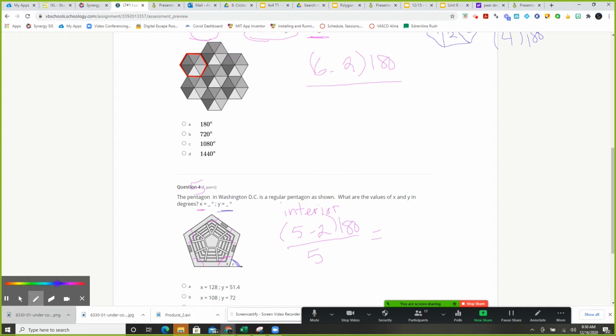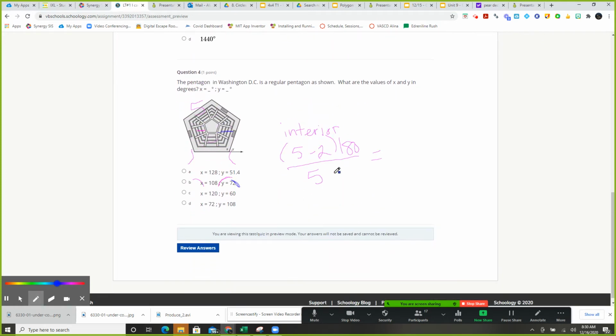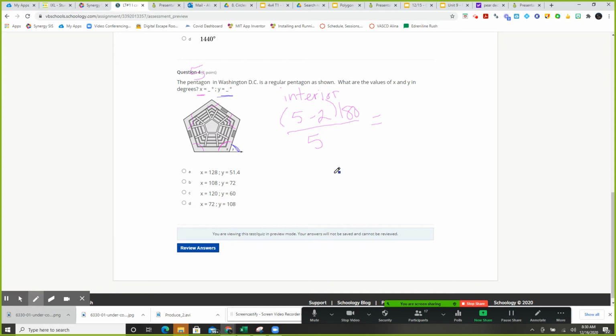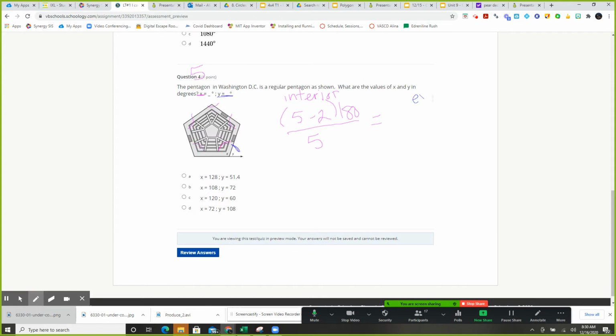So what'd you get? 108. 108 for sure. And then the exterior angle, because we could find that first too. Exterior angle, always start with 360. So the exterior angles go all the way around the outside. Remember, a circle is 360.